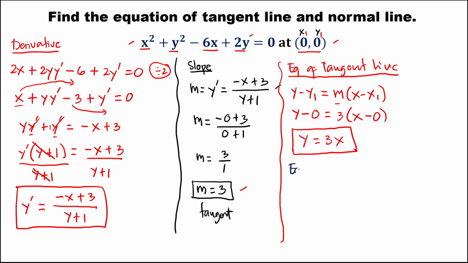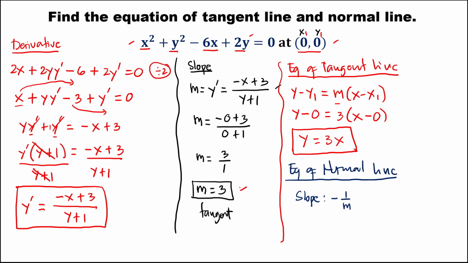Then for the equation of the normal line, first we need to find the slope of the normal line using the formula negative 1 over m.